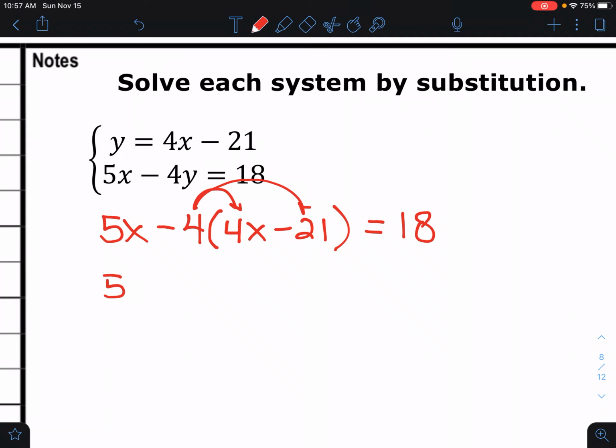So we've got 5x minus 16x, plus, be careful there, watch your signs, plus 84 equals 18. Combine like terms, 5x minus 16x is -11x.